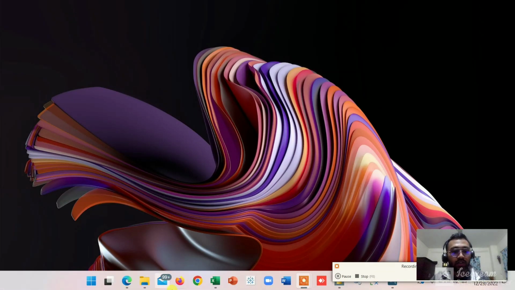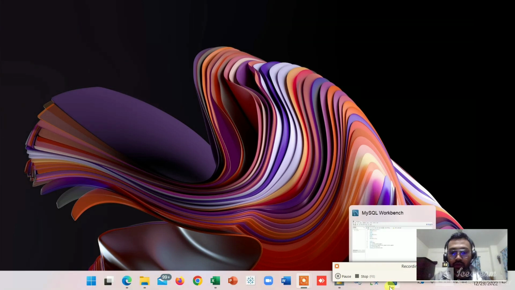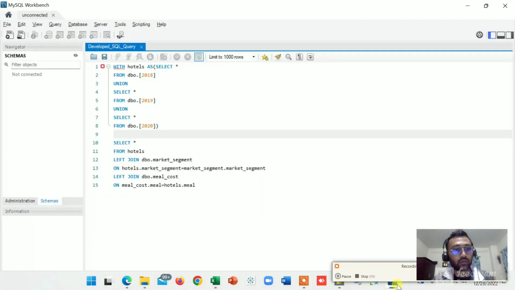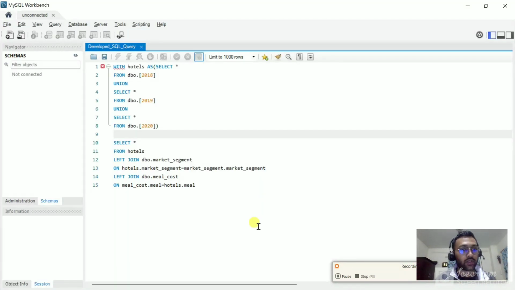After that, I'm going to load this data into my MS SQL Server. For some technical error, I'm not able to show you things from MS SQL Server. Therefore, I switched to MySQL Workbench.